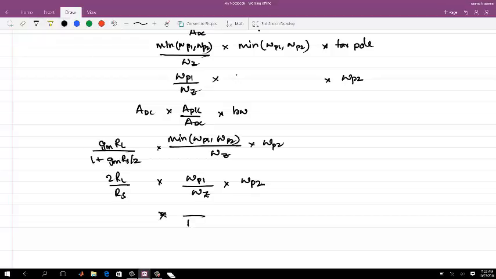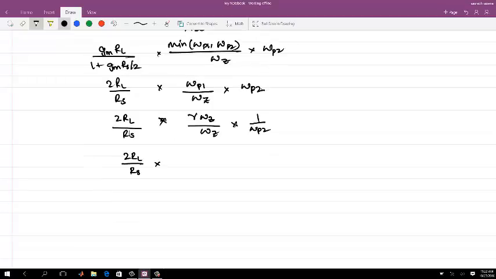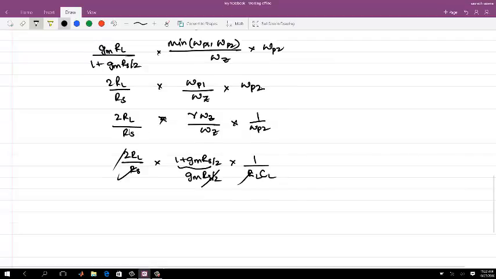This is actually gamma times omega Z into omega P2. So now gamma is GM RS by 2 into 1 by RL CL. So this cancels out, and you have GM by CL.